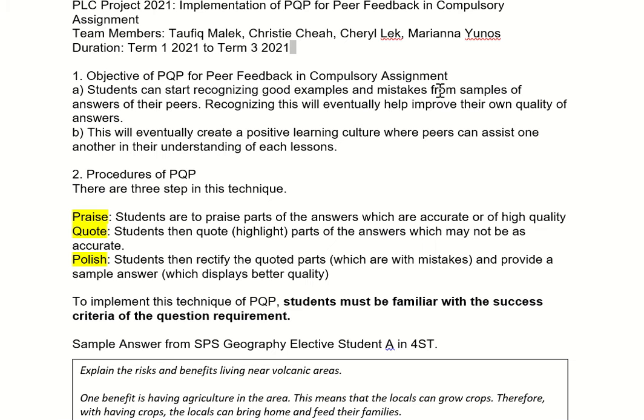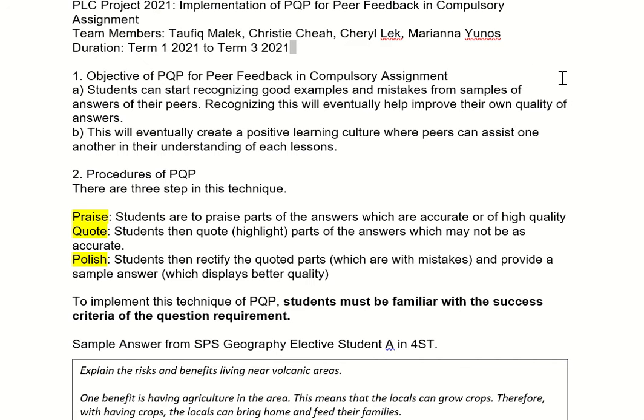By the end of the term, the students will be able to use the better examples and avoid the same mistakes that their peers do. And by the end of 2 years, if we are doing it for the Sec 3s, we can promote this culture of correction, this culture of peer feedback among everyone, and they can use this PQP technique to help each other.